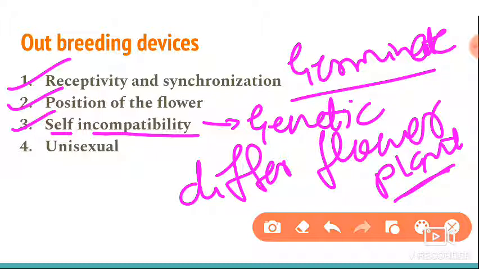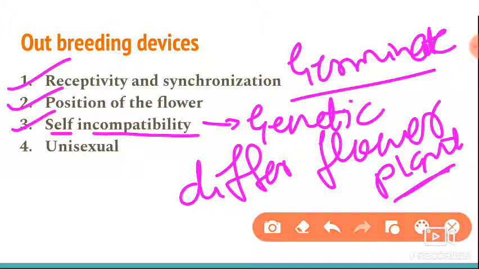In the normal process, the pollen grains transfer from anther to the stigma, then start germination, and the pollen tube grows and reaches the ovary. But here it is not possible. They will prevent the germination of the pollen grains, or they will prevent the growth of the pollen tube.